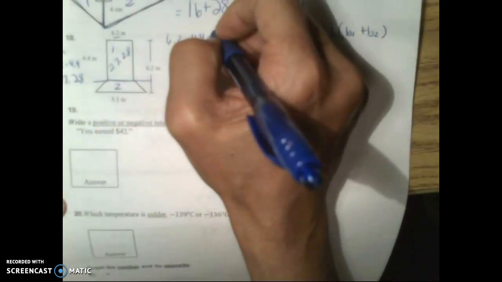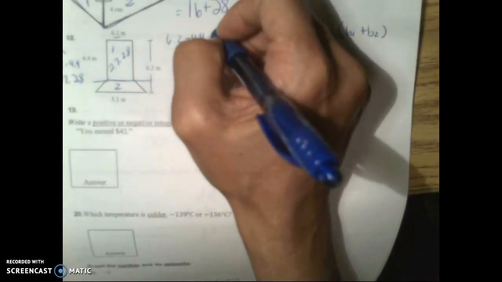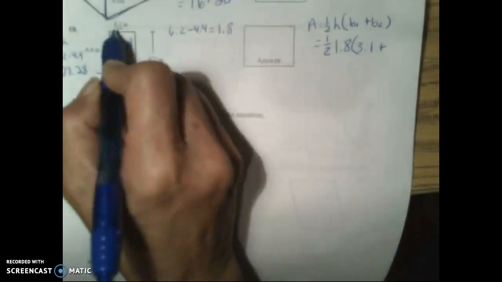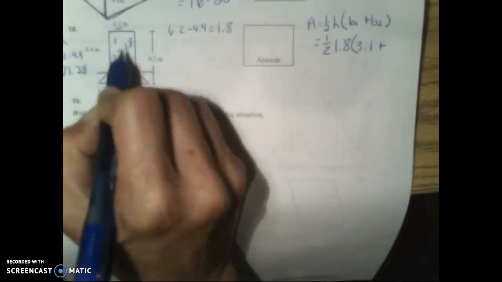And that's going to give me 1.8. Okay, so my height is 1.8. Don't let decimals scare you. We've already done this. Base 1. Well, here's base 1. This is one base. It doesn't matter which one I use. 3.1. They gave me that. Plus base 2. Well, it doesn't tell me what the base is here, but if I look at the top, I do have the 6.2 here. This is the same size. So I know that this base is 6.2.